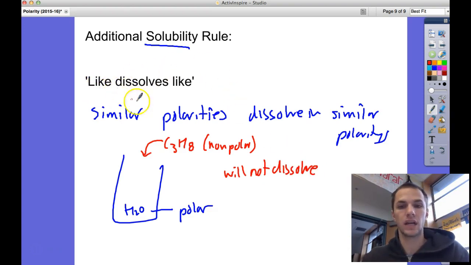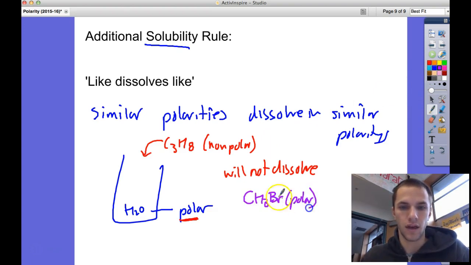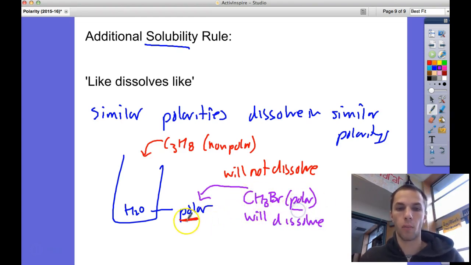Like dissolves like means that if you have a polar substance, you would need another polar substance like CH3Br from earlier. This would dissolve in water because they're both polar.